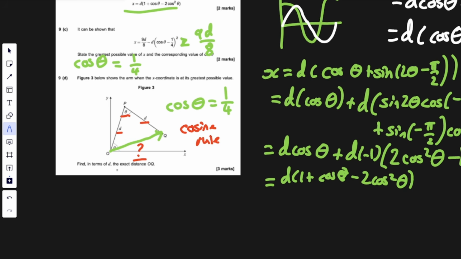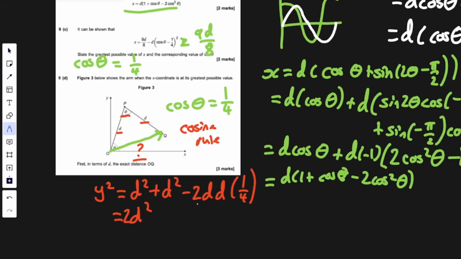So we know that our length, which we're after, I'm going to call this y. y squared is equal to, well, d squared plus d squared minus 2d squared cosine c, which is a quarter. So all in all, we get 2d squared minus a half d squared, which is equal to 3 over 2 d squared.